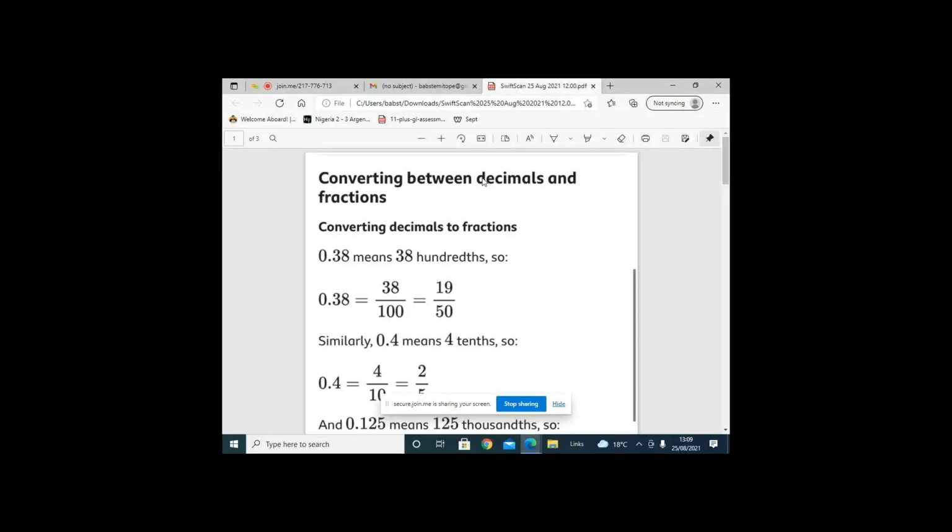So for the past 3 or 4 weeks now, we have been doing everything to do with percentages. So I won't go over that again, but you can ask for the recordings. Everything is recorded. We discussed how to calculate percentages, how to calculate percentage increase, and how to calculate percentage decrease.